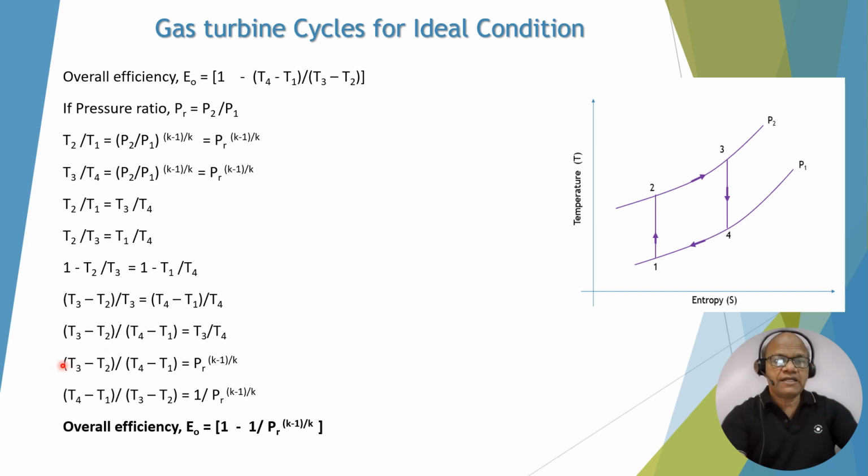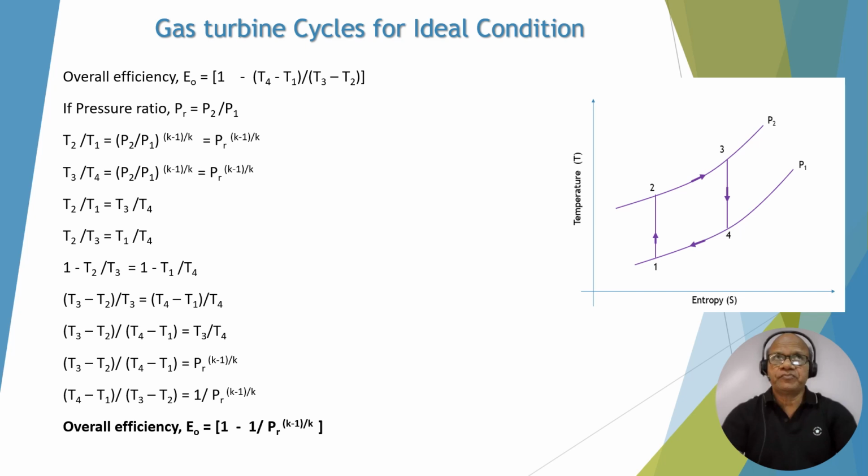Again, we can write (T4 minus T1) upon (T3 minus T2) is equal to T4 by T3, and T3 by T4 is PR to the power (K minus 1) upon K. So we can write overall efficiency η is equal to 1 minus 1 upon PR to the power (K minus 1) upon K.